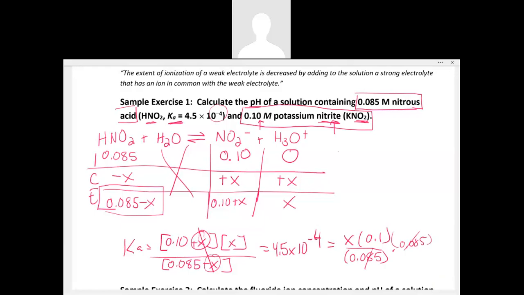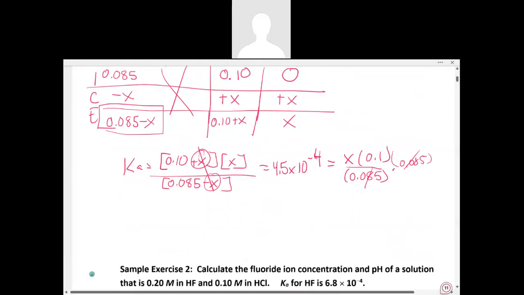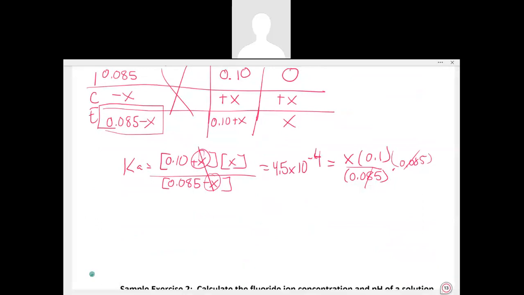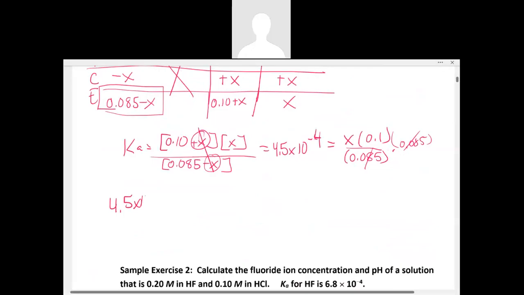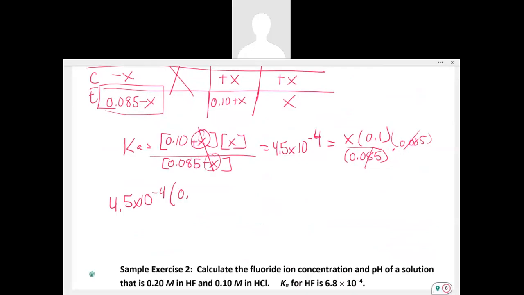So my new improved equation, let's make some space down below, will look like this. If I rearrange to solve for x, we're going to have 4.5 times 10 to the negative 4 times 0.085. All right, and now we still have to divide both sides by 0.1 to get rid of that term. So I'm going to now divide over here by 0.1, and that's all equal to x.